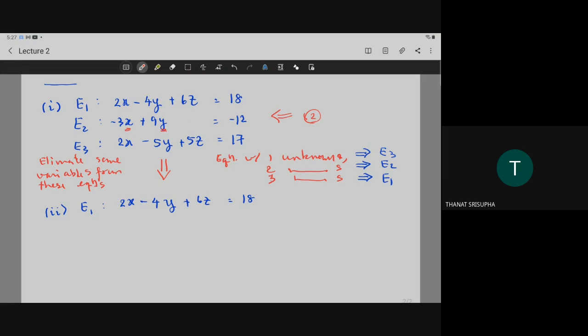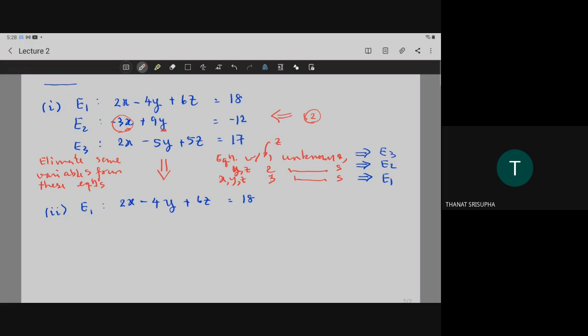But in this case, for the three unknowns, I have x, y, z. For two unknowns, I'm going to reduce them to have just y and z. And for one unknown, I'm going to reduce to have just z, okay? So for equation 2, if you take a look at step I, first I'm going to try to eliminate x out of equation 2. Okay, so what can I do to do that?